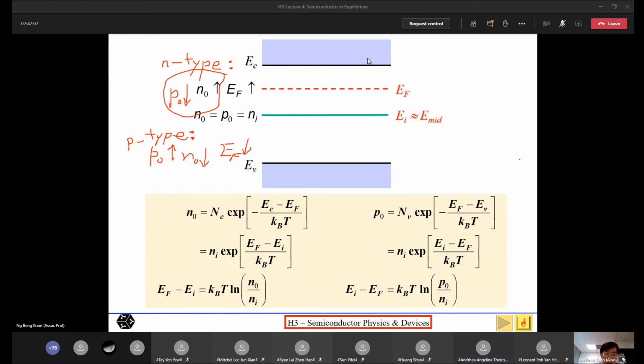For a P-type semiconductor, you expect the Fermi level to be below the intrinsic Fermi level, or the middle of the band gap. That is the property of N-type and P-type semiconductors: the Fermi levels are at different positions. Anyone has questions on this?